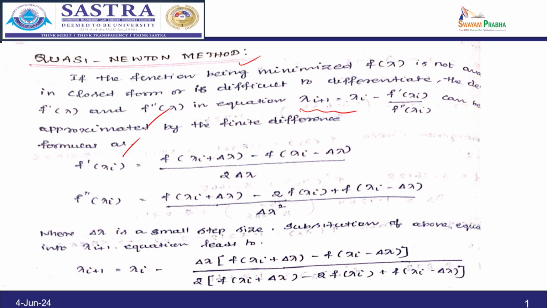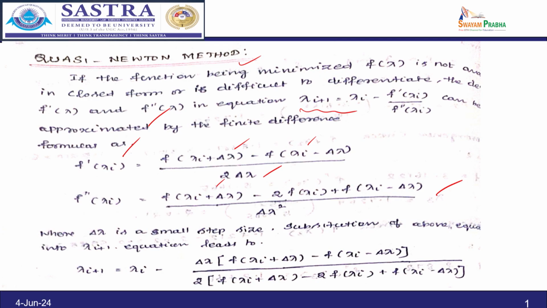So, the formula is f dash of lambda i equal to f of lambda i plus delta lambda minus f of lambda i minus delta lambda, divided by 2 delta lambda. Once again, f dash of lambda i equals f of lambda i plus delta lambda minus f of lambda i minus delta lambda by 2 delta lambda, and f double dash of lambda i equals f of lambda i plus delta lambda minus 2 f of lambda i plus f of lambda i minus delta lambda, by delta lambda square.